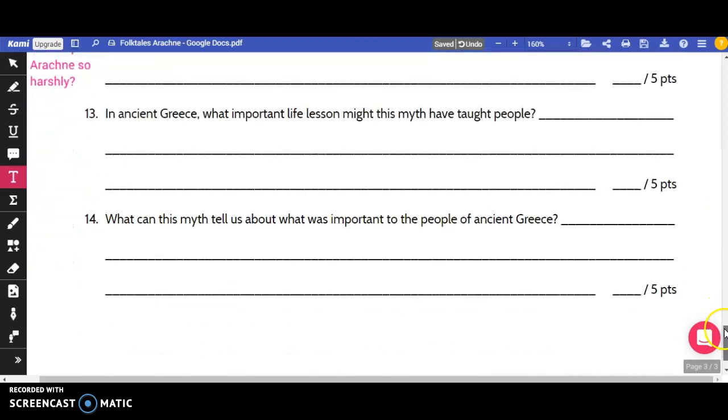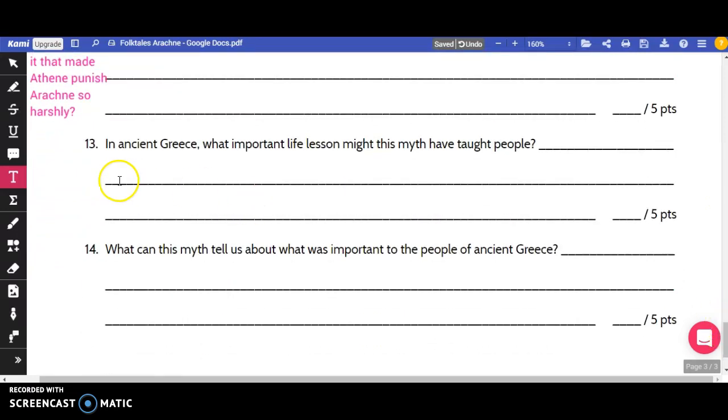13. In ancient Greece, what important life lesson might this have taught? So here, this question is really asking you what the theme is. And 14 is, what does this myth tell us about what was important to the people of ancient Greece?